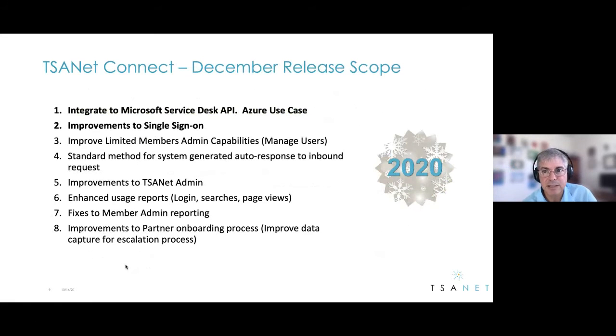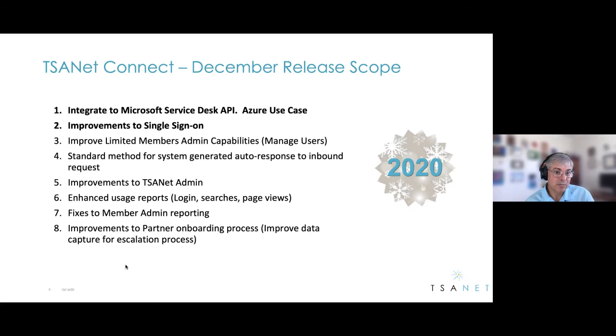So then looking into the December release, we've got a couple items here that I've put in bold. Again, back to the priorities. We definitely, as you saw on that earlier slide, want all 4 of those large members to be on the TSANet Connect process. Microsoft is one of them, so we're devoting some time to integrating with their API.